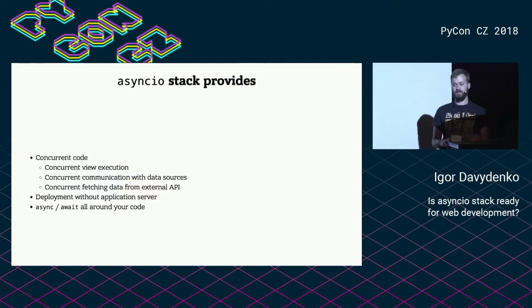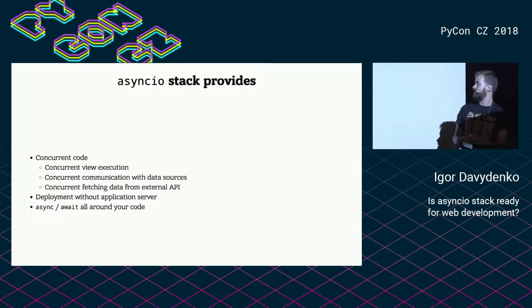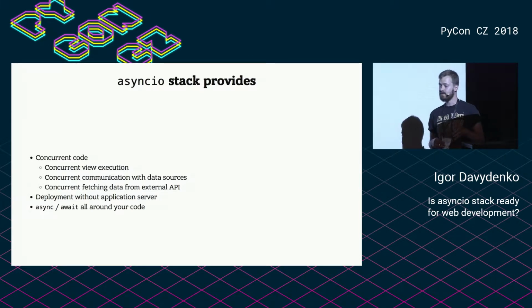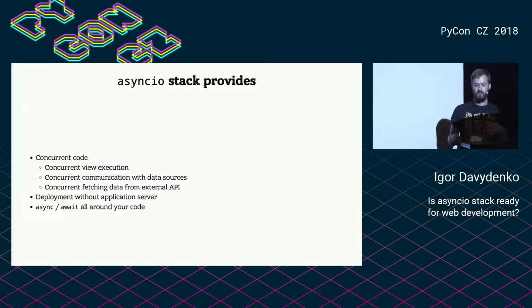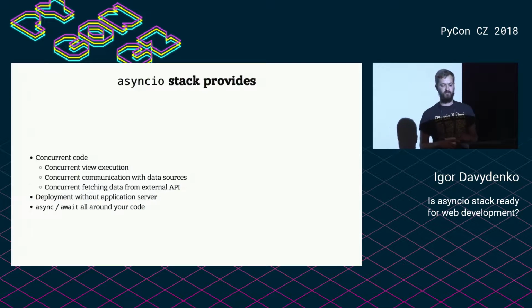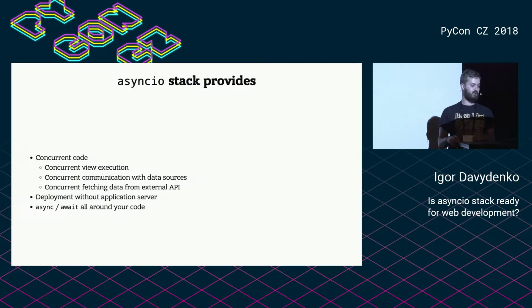That's how the asyncio stack was born and started to be used in the common language. So in the asyncio stack we have concurrent code. We have concurrent view execution due to the nature of aiohttp web. We have concurrent communication with data sources due to the nature of aiopg, asyncpg that run in async mode to communicate with PostgreSQL.